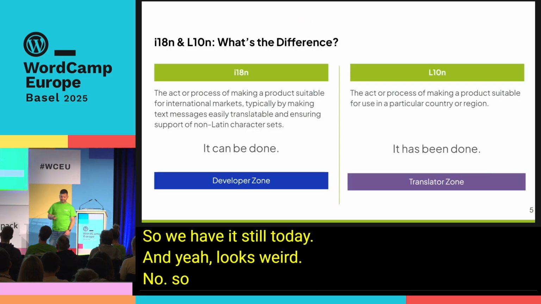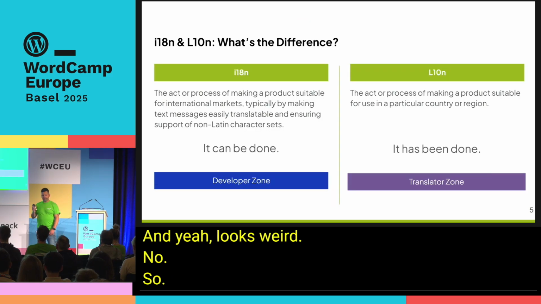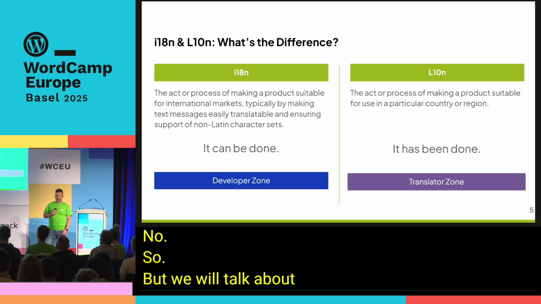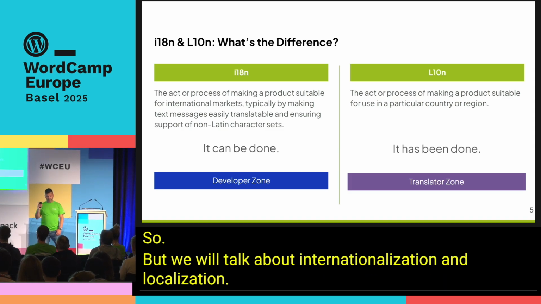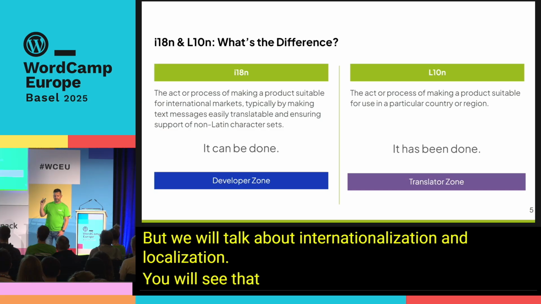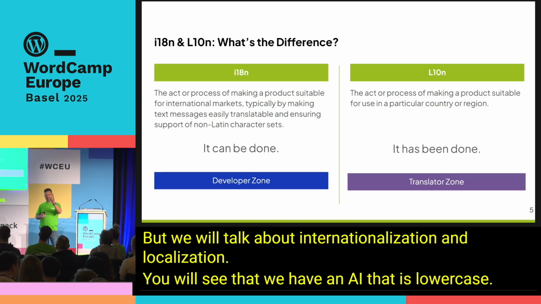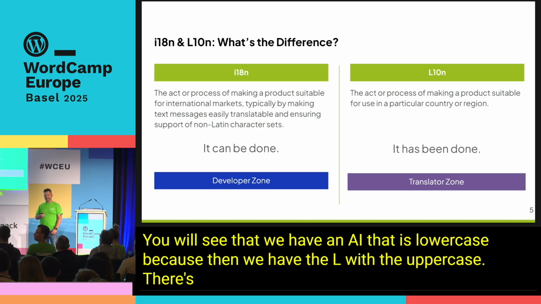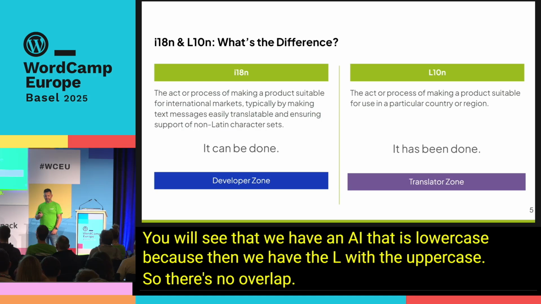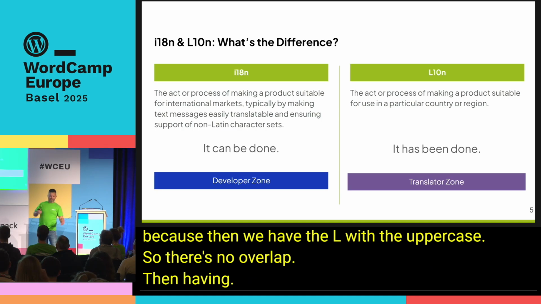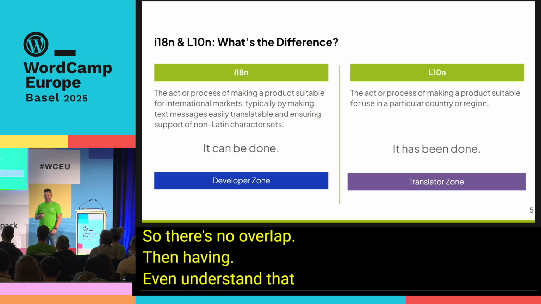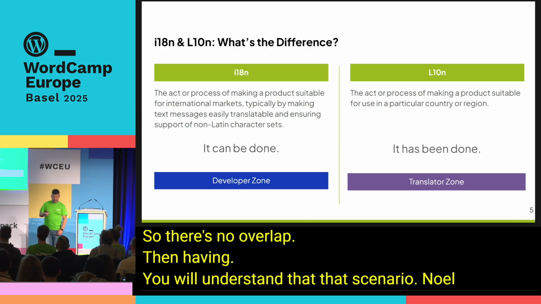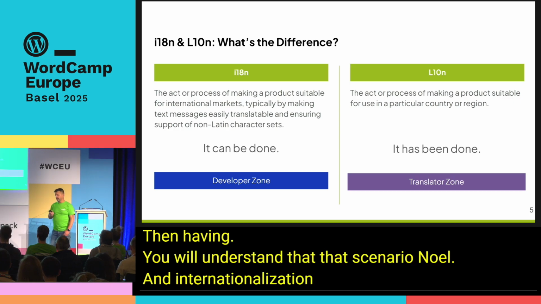But we will talk about internationalization and localization. You will see that the i is lowercase and the L is uppercase, so there is no overlap and you understand that one is an i and the other an L. Internationalization is what we developers do.